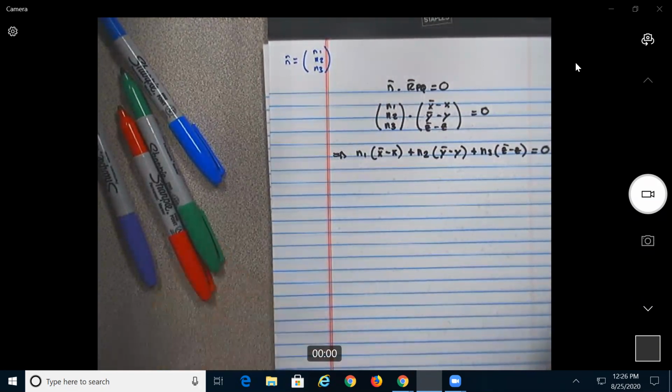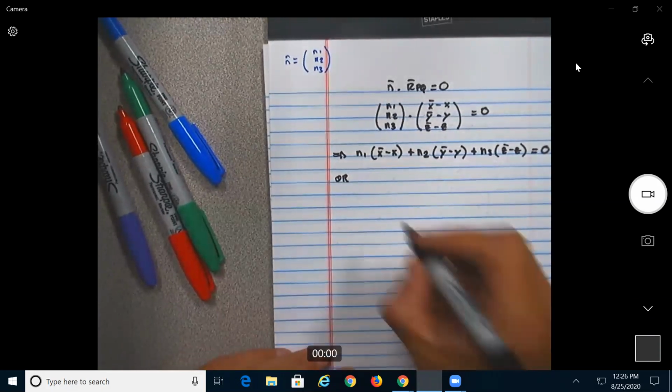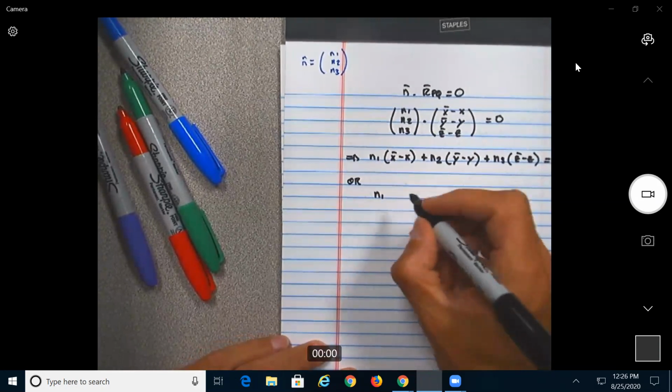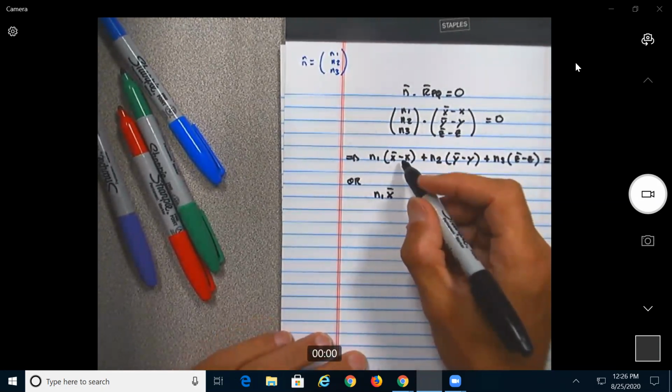Okay, so this is really the equation of the plane, but you can rewrite it in a different form. It doesn't matter, you can use X bar or the Y bar.